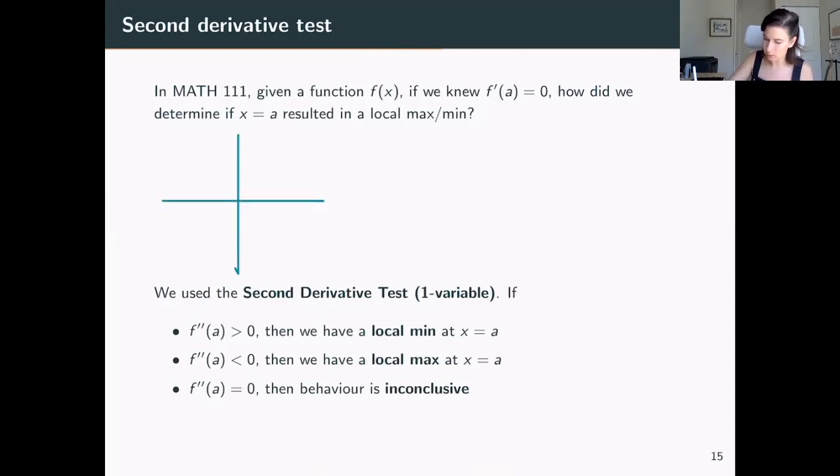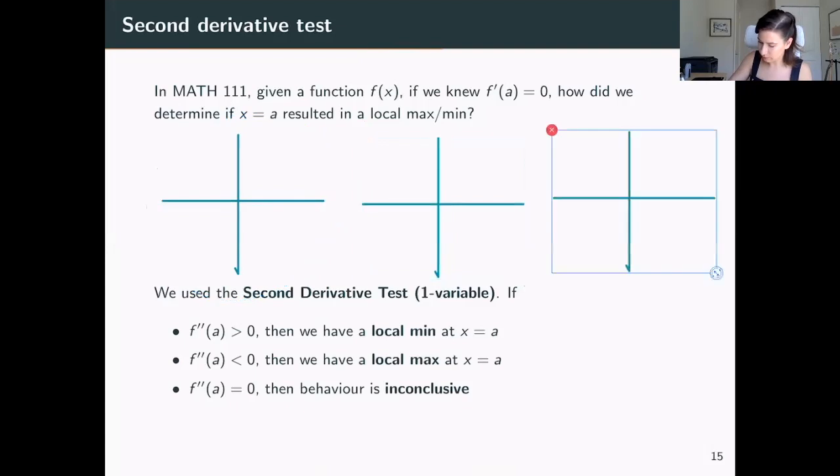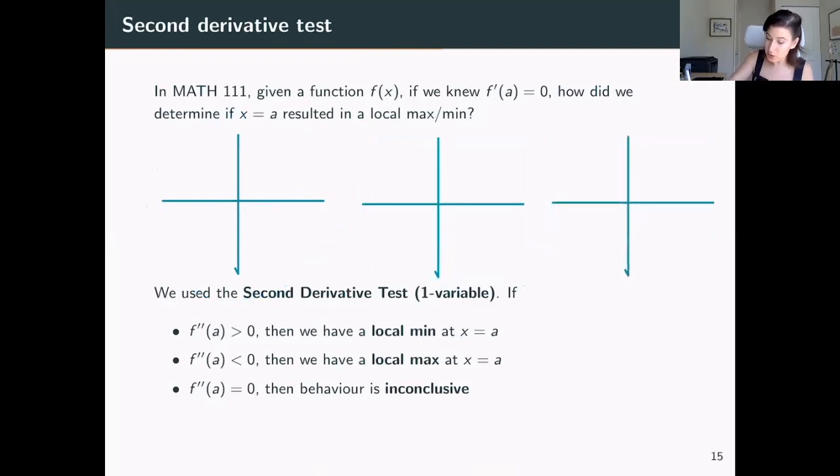I'm just going to copy this to save time, and paste another. Here we could look at a function that looks like this, another that looks like this, and another that looks like this.